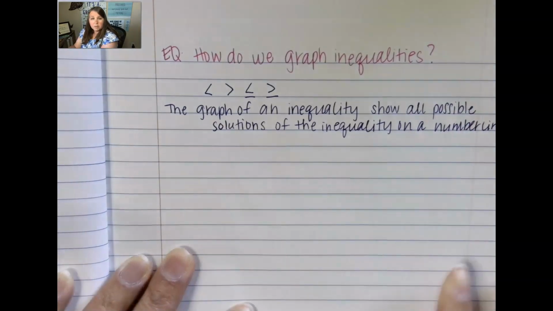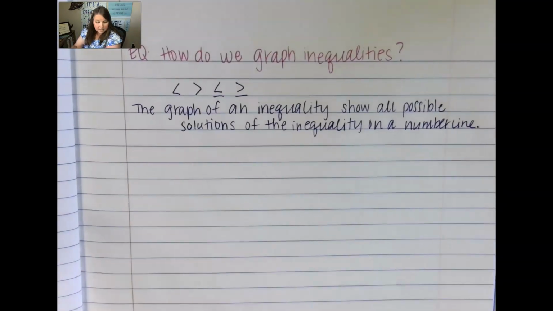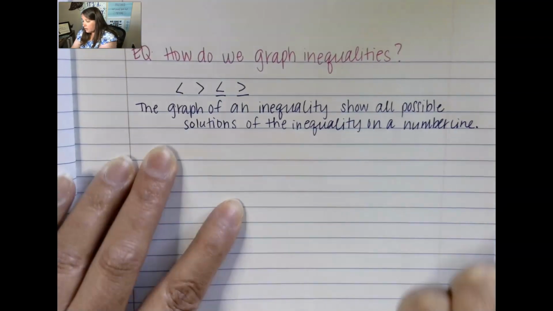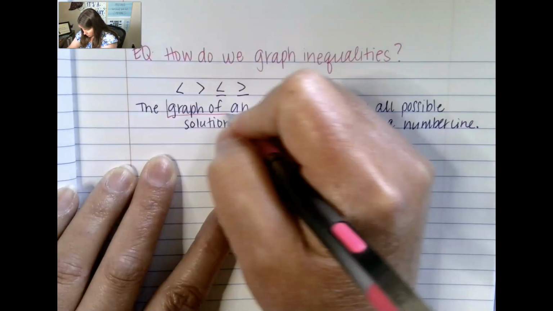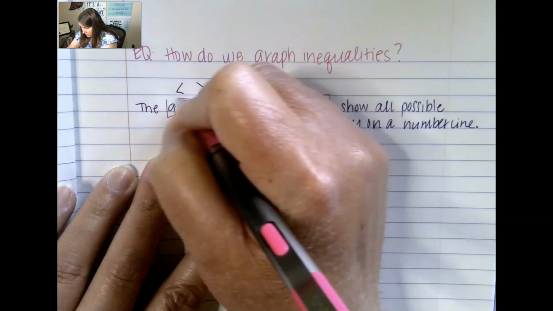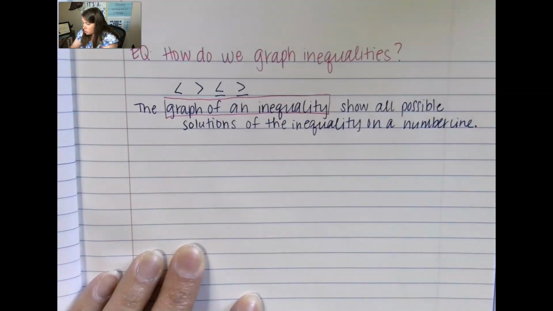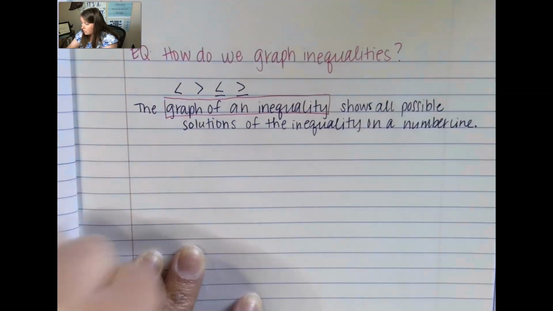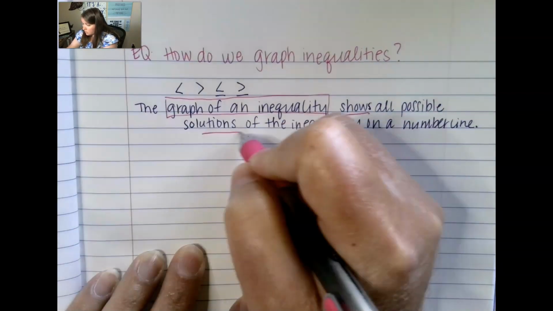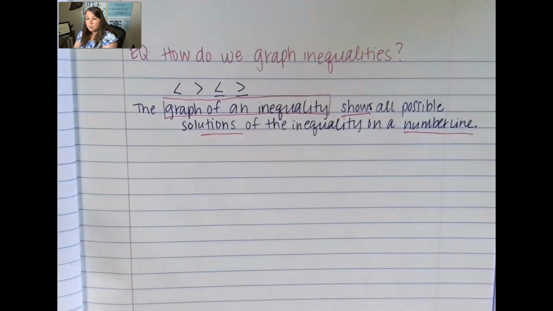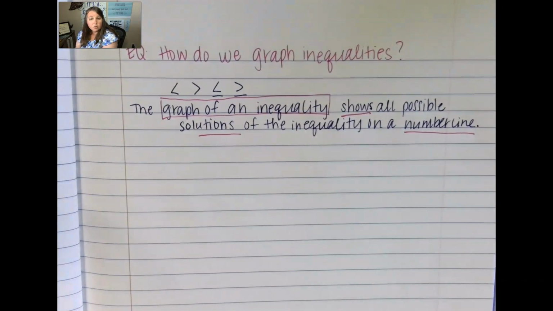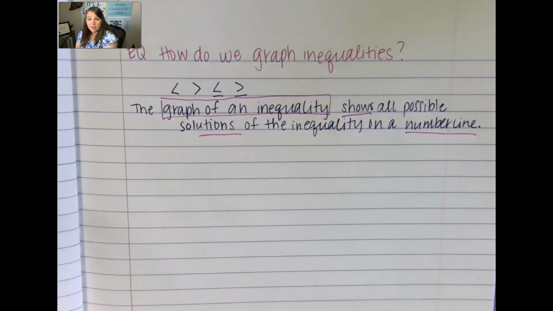So, important information that we should know from this sentence is that the graph of an inequality shows solutions on a number line. Okay, so it's going to show the solutions on a number line.